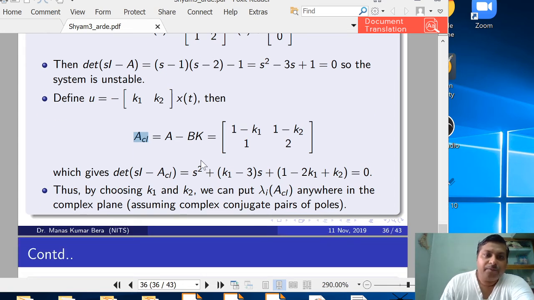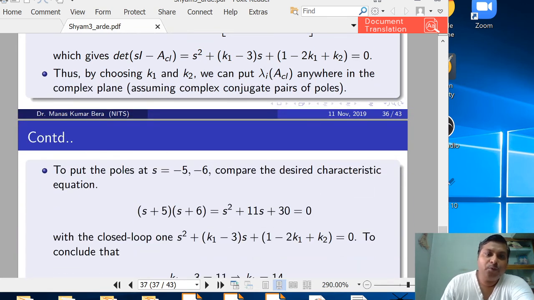Now we can find the characteristic equation in terms of K1 and K2 of this closed loop system, that is s square plus (k1 minus 3)s plus (1 minus 2k1 plus k2) equal to 0. Thus by choosing K1 and K2 we can put the eigenvalues of A_CL anywhere in the complex plane, assuming complex conjugate pairs of poles.